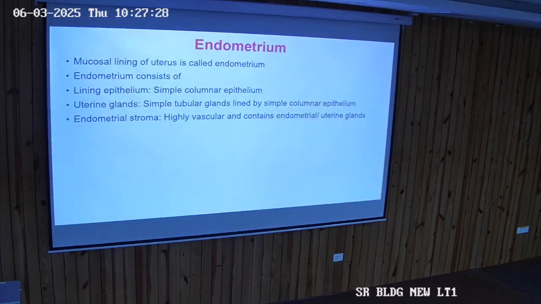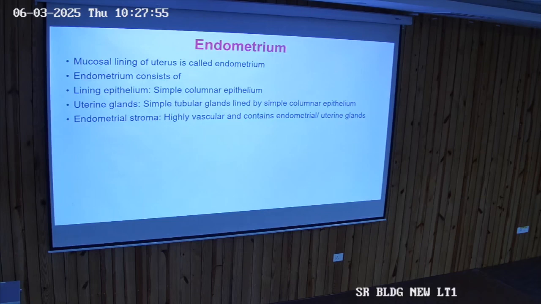Next is the endometrium, which is the most important part of the uterus, because this endometrial layer keeps on changing from the proliferative phase to the secretory phase to the menstrual phase. So this is the change that we have to learn, how this is seen in the slide. So mucosal lining of the uterus is endometrium, which is actually the simple columnar epithelium.